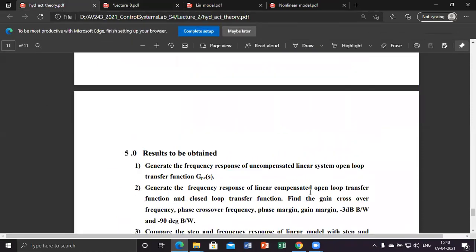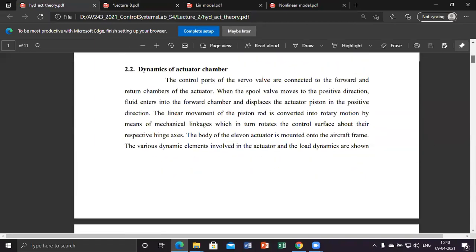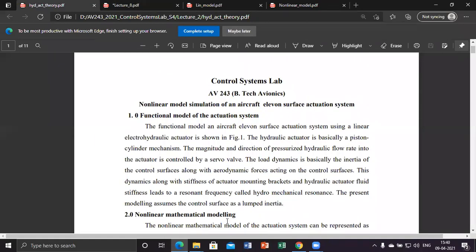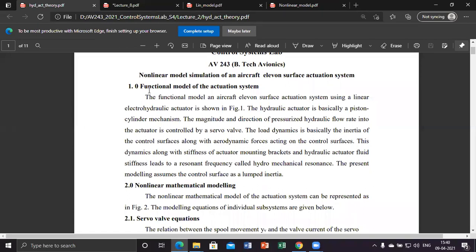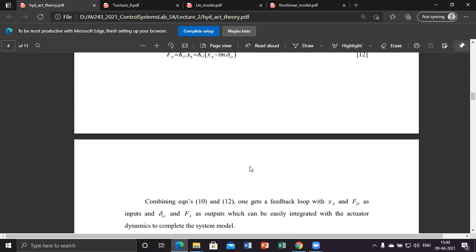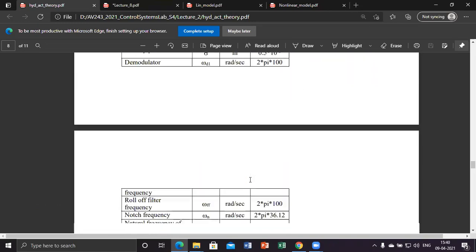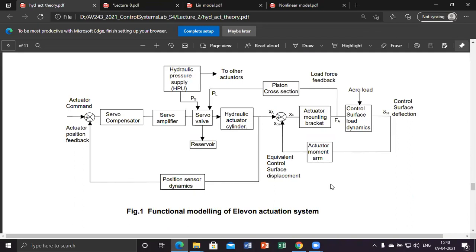In addition to this, I'm going to supply another document: a nonlinear model simulation of an aircraft control surface actuation. First is the functional model of the actuation system. In any mathematical modeling, it is a three-stage approach. The first step is to make a functional model.